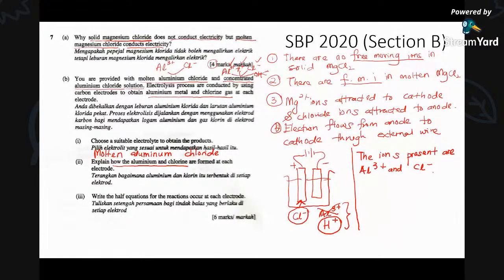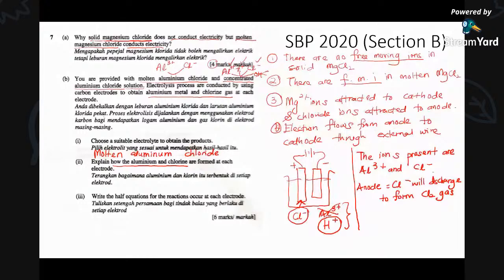Then you explain at the anode. You can write in a sentence: at the anode, Cl- will discharge to form chlorine gas.